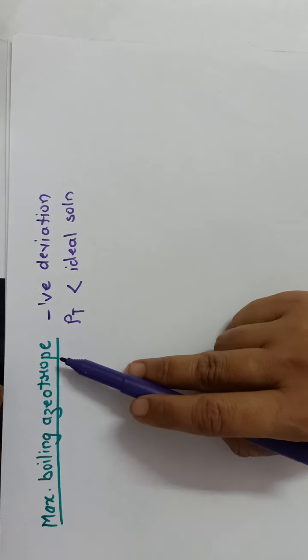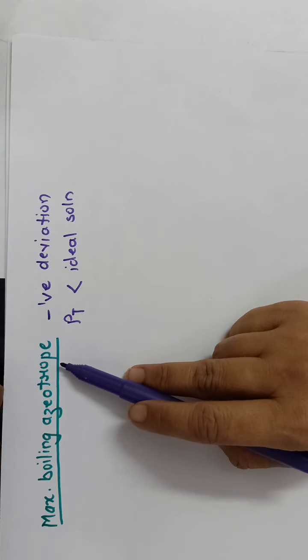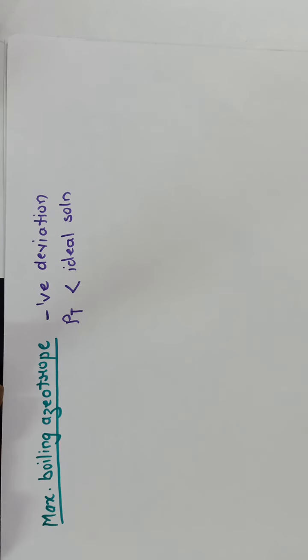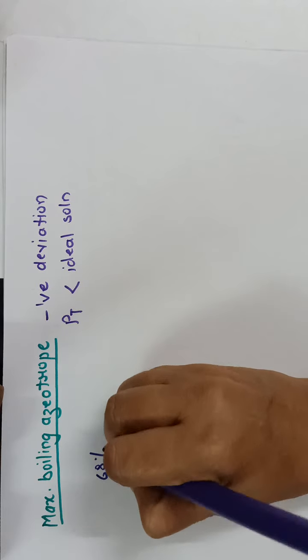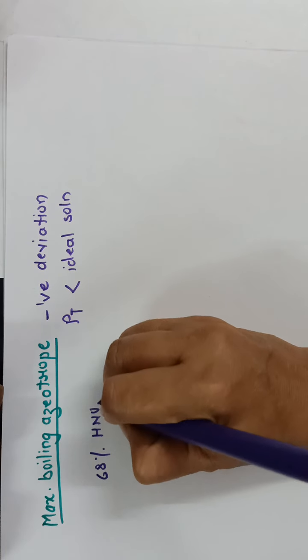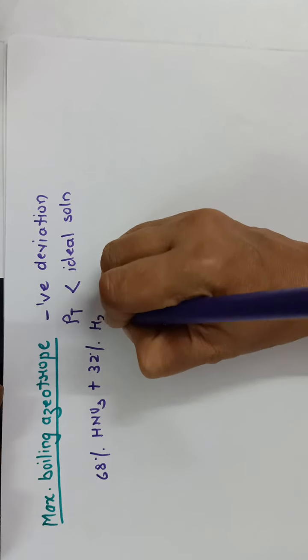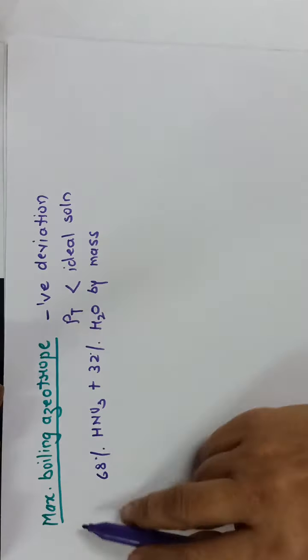Such mixtures will boil at a higher temperature than the boiling point of the components. For example, a mixture of 68% nitric acid and 32% of water by mass is an example of maximum boiling azeotrope.